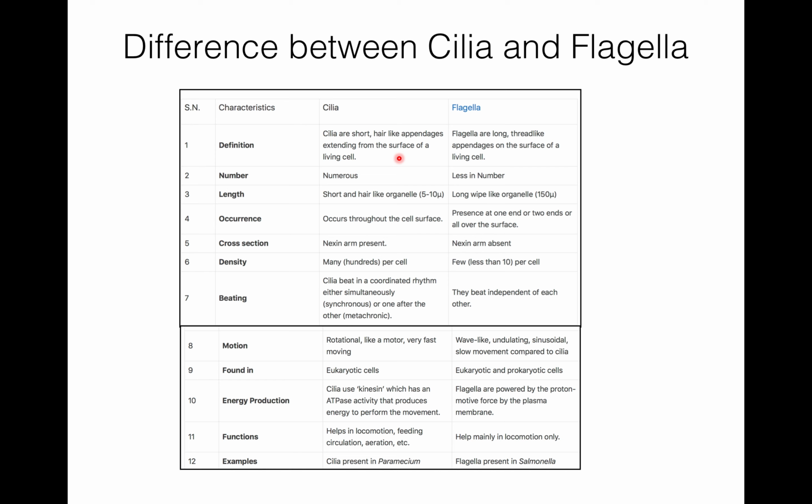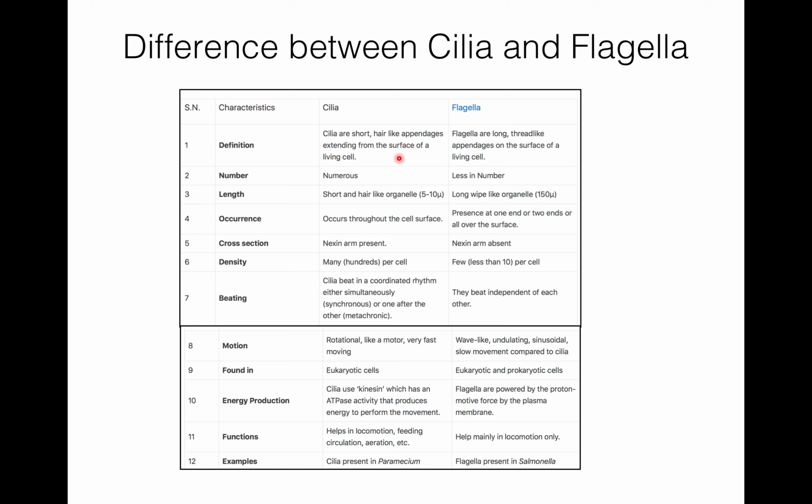Cilia are short, hair-like organelles, about 5 to 10 micrometers in length. But flagella are long, whip-like organelles, about 150 micrometers. Cilia are present throughout the cell surface. Flagella are present at one end, at two ends, or all over the surface.